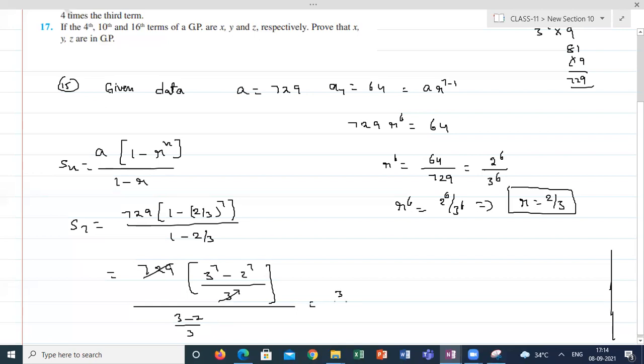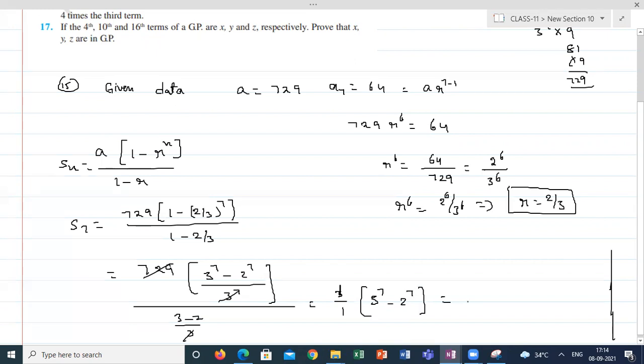This will be 3 by 1. 3 power 6 is 729, so this 3 will be cancelled. Here you get 1 by 1 into 3 power 7 minus 2 power 7.